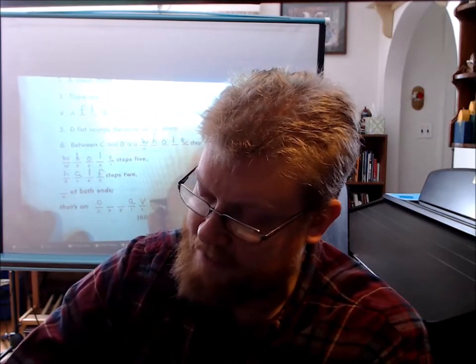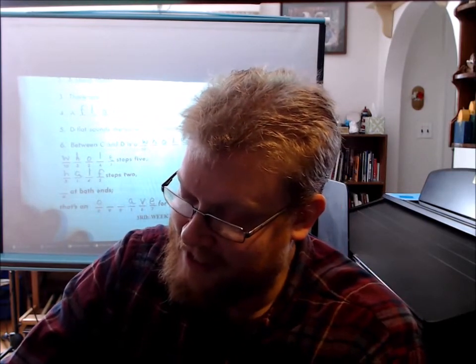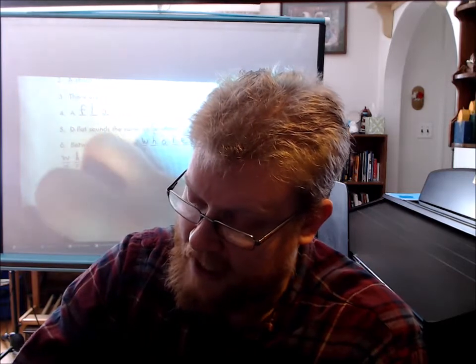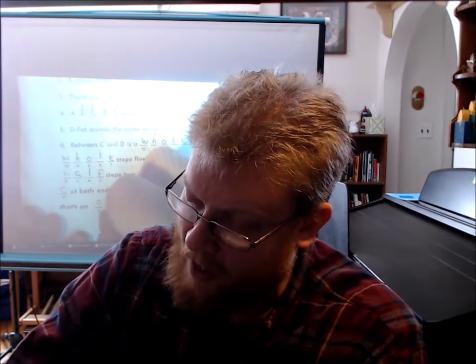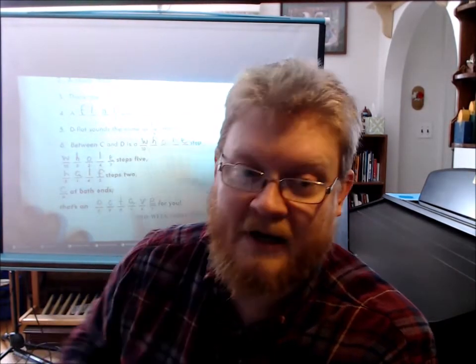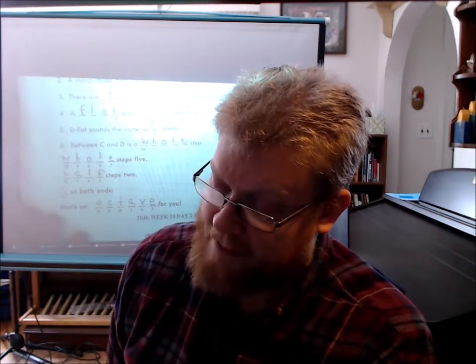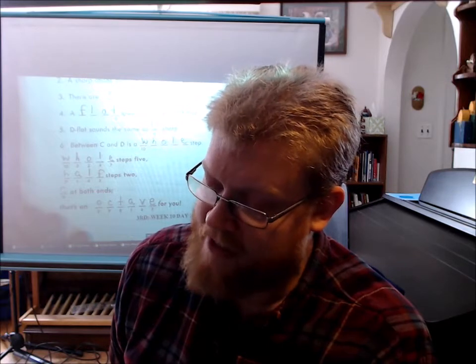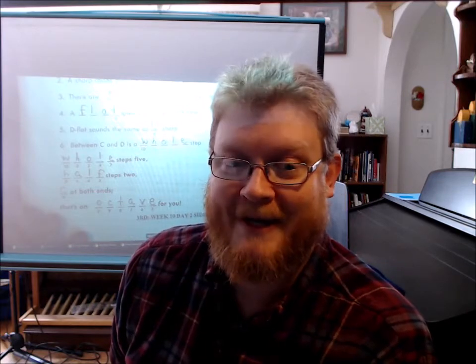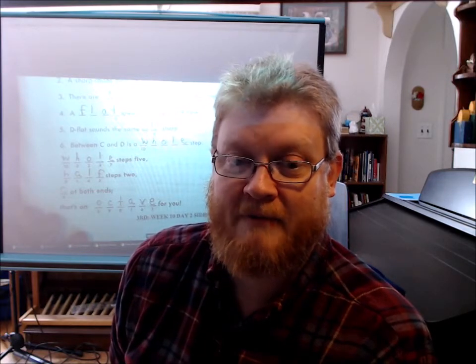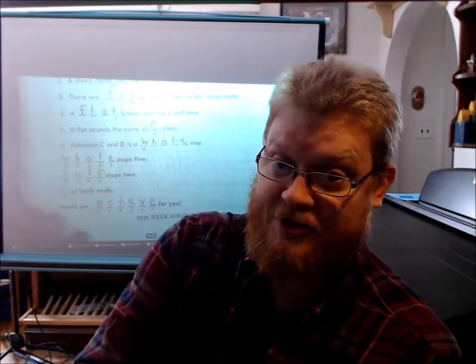So obviously I'm showing different ways to do this, a little inconsistently, but that's okay. You are smart enough to figure that out. And so there's the bottom of our page. It says whole steps 5, half steps 2, see at both ends, that's an octave for you. And we're poets and we didn't know it. Actually, I'm pretty sure they planned that.